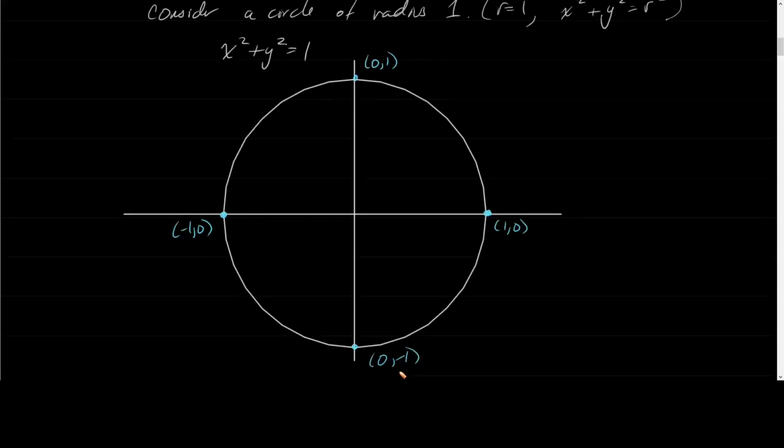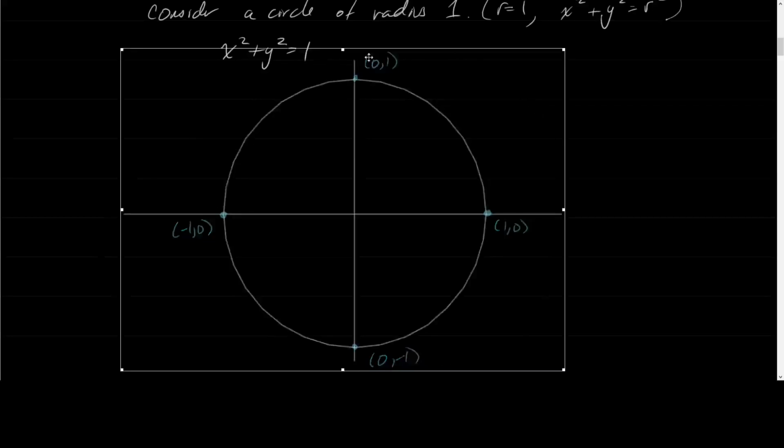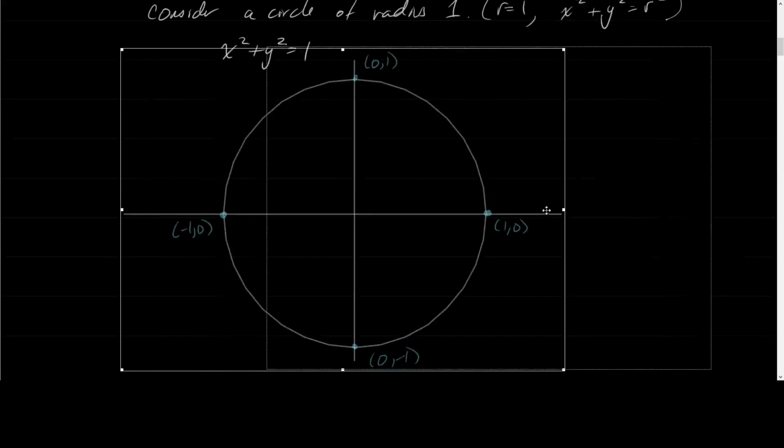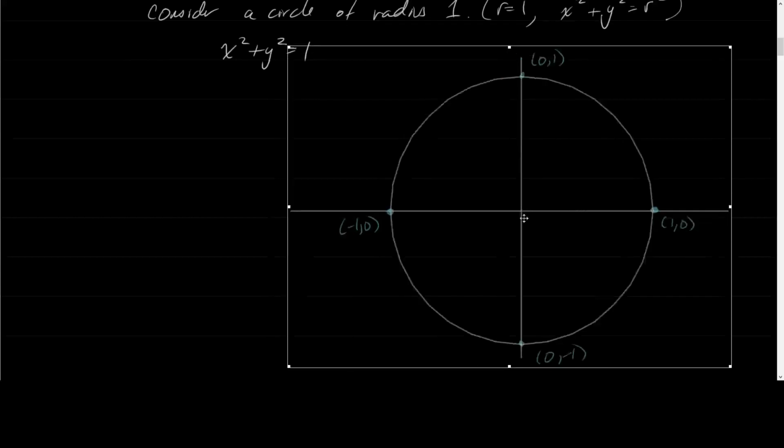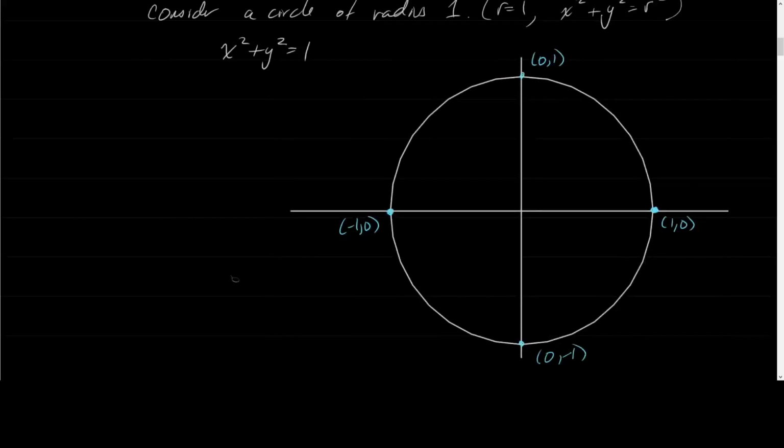All right, now let me shift this over so I can say something else about this. Let the point P be equal to some (x, y) coordinate at the angle theta.